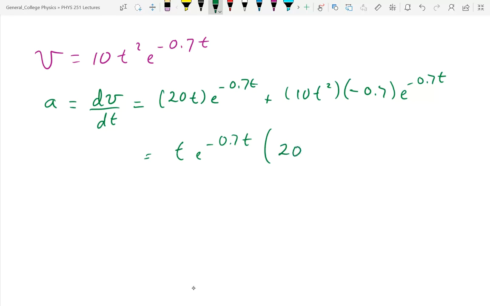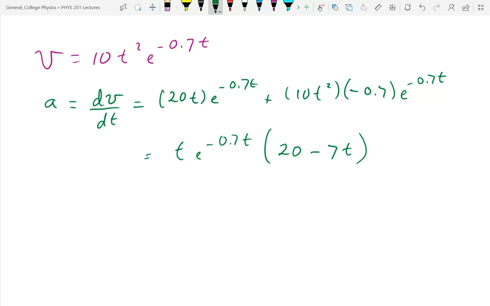I'm going to have 20 minus 7t. So that's the simplest way of writing the derivative. So that's my acceleration. And you notice this time I went a lot faster, didn't do all the explanation part.